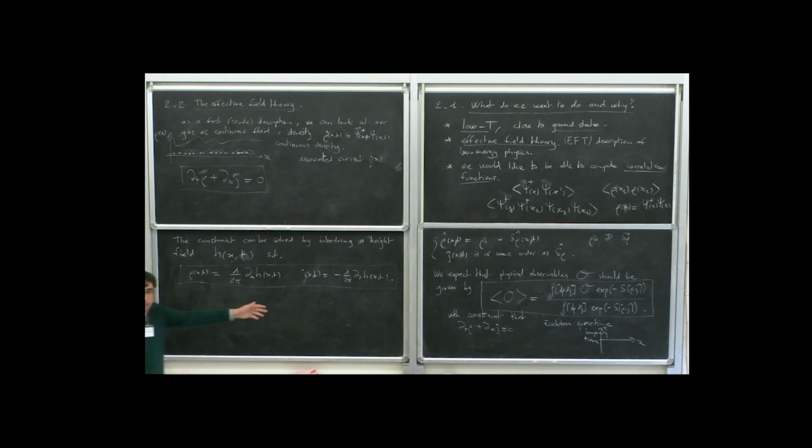Then the constraint is automatically satisfied. And then this path integral we can rewrite as a path integral over h configurations of h times O, where O is some functional of the field h, and then e to the minus S of h.